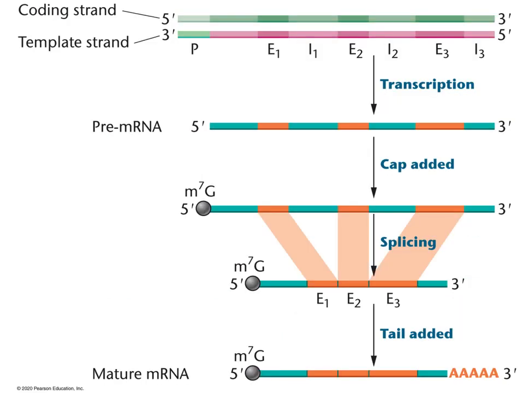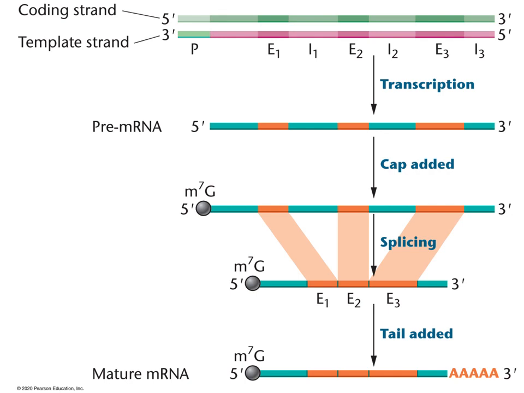So to summarize this, we've got a 5' to 3' coding strand of DNA here in green, and a complementary strand that is transcribed, okay, the template strand. So in transcribing the template strand, we produce what we call a pre-mRNA.